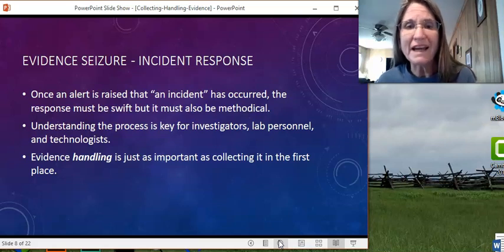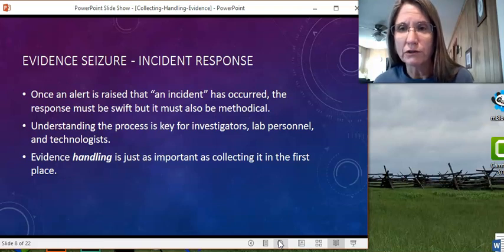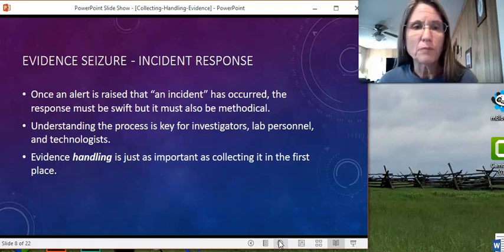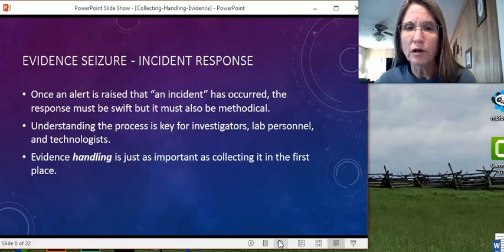There are many ways that this alert can be raised. In any event, the response to said alert must be swift, but also must be taken with great care.